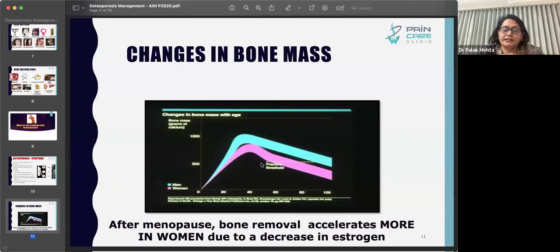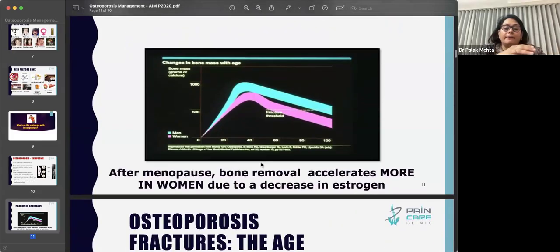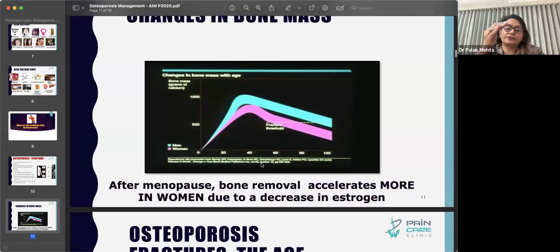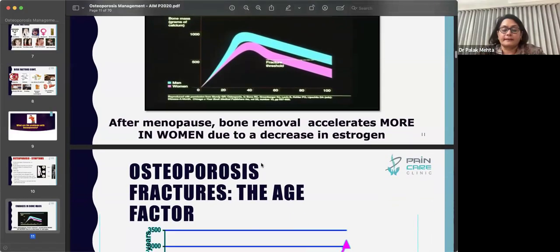Osteoclastic activity increases and the fracture threshold also increases in females due to decrease in estrogen, while in males the estrogen level is not so significant and the fracture risk is significantly lower. Next slide.